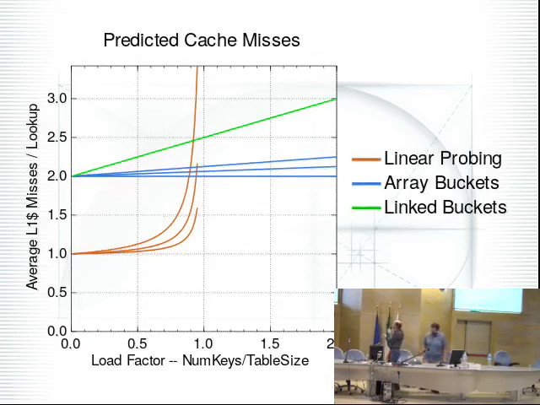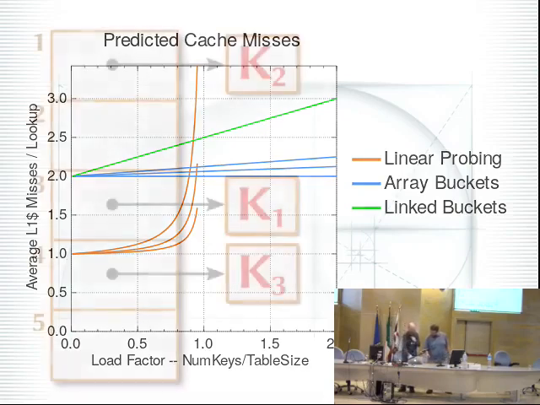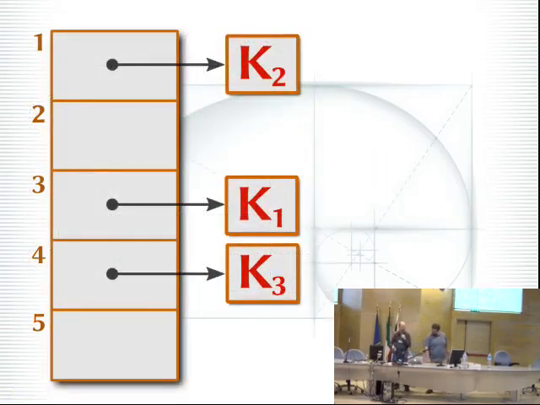Okay, let's look at linear probing. This starts at 1, and it does go up following that curve that we saw before for the number of probes, but it starts at 1, which is much better. So why is it only at 1? Well, here we only have to read the table itself to find the key.